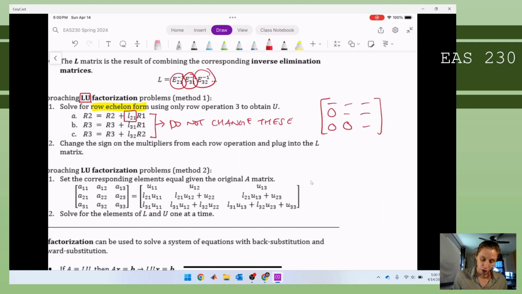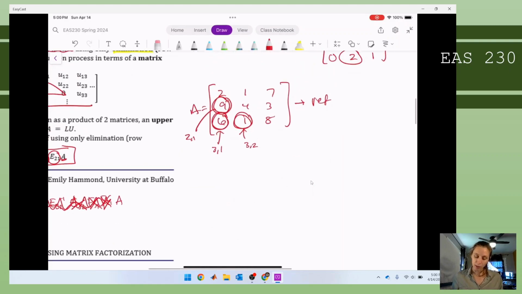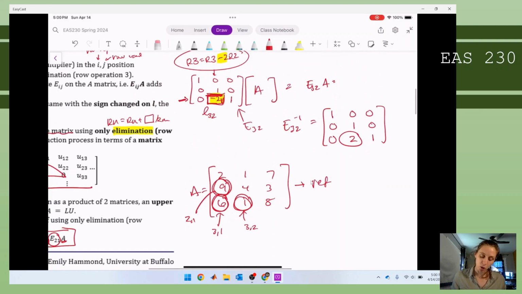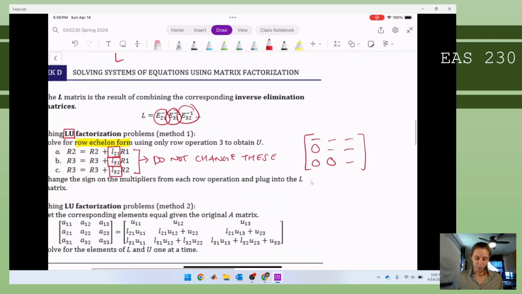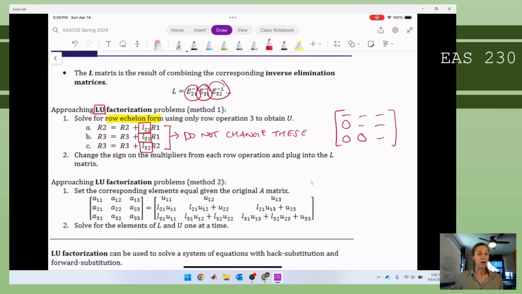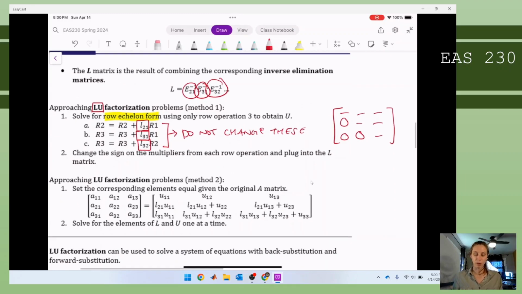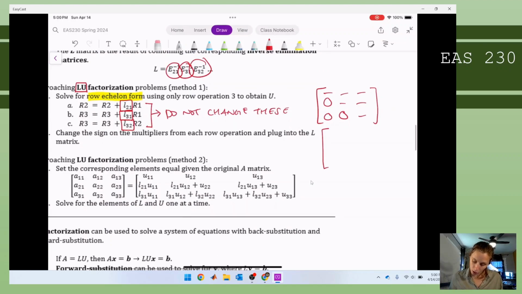That's going to give me 3 row operations. These values here are my multipliers. These are the ones that show up in my elimination matrix. The last thing I'm going to do is change the sign on those multipliers and plug them into L, where L looks like this: negative L21, negative L31, and negative L32.